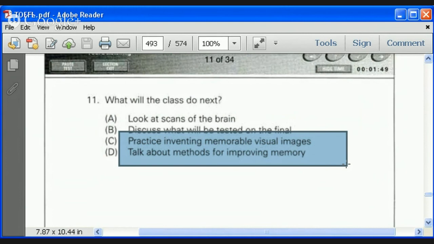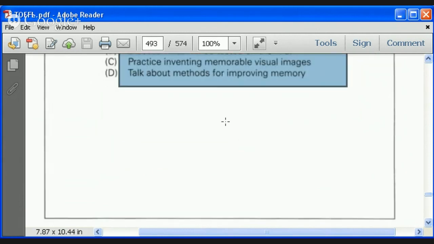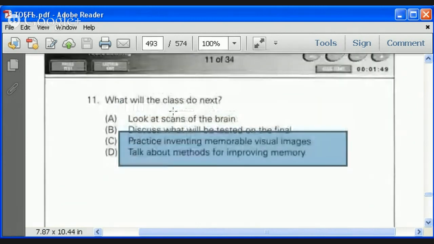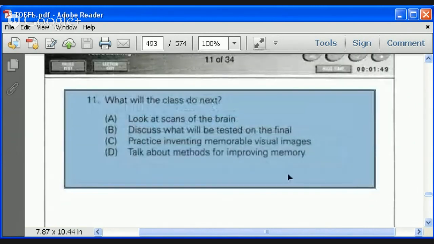You're already at 50% chance of being right. If you change that 50% to 9 out of 10, you've got about a 95% chance of being right. Pick the general answers. Again, this exam is not about specifics, this TOEFL listening.